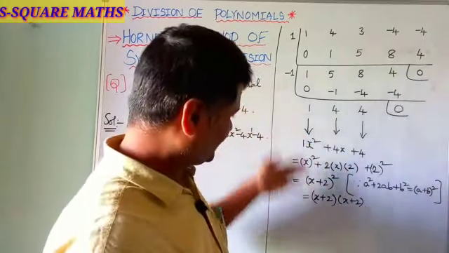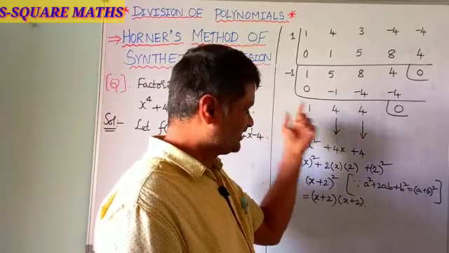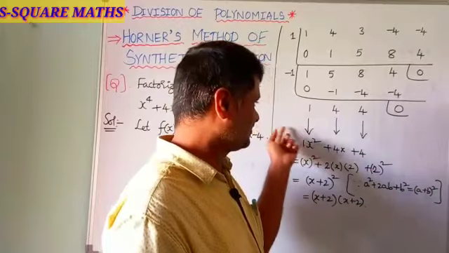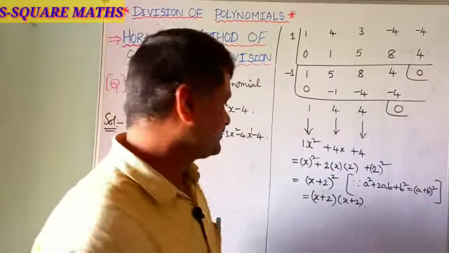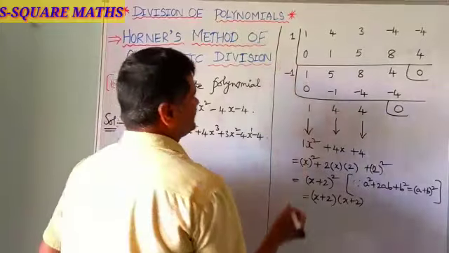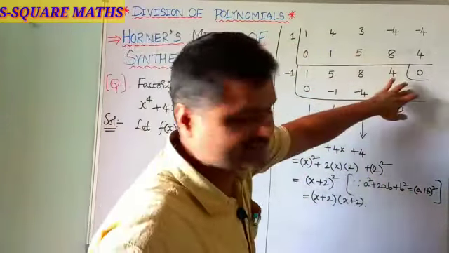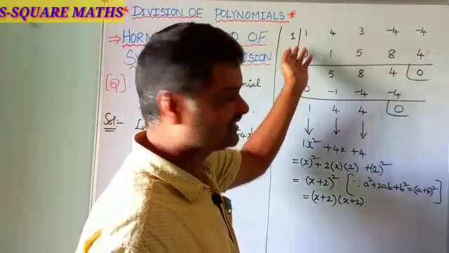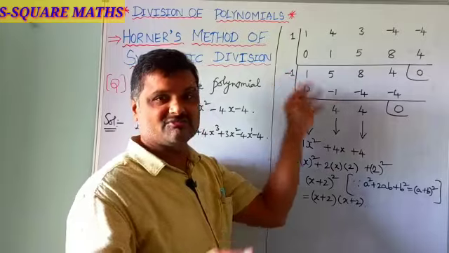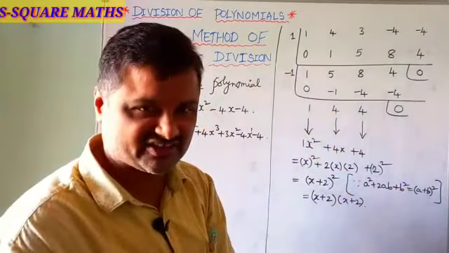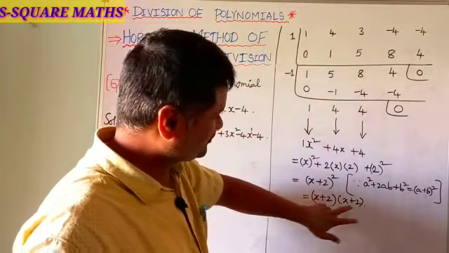Otherwise, you can continue with minus 2 as a 0, you will get remainder 0, and minus 2 as 1 more 0, again the remainder you will get 0. So, since I have taken 1 as a 0 of this polynomial, I got remainder 0, therefore x minus 1 is a factor. Here again remainder 0, x minus of minus 1, nothing but x plus 1 as a factor. So, x minus 1, x plus 1, x plus 2 into x plus 2.